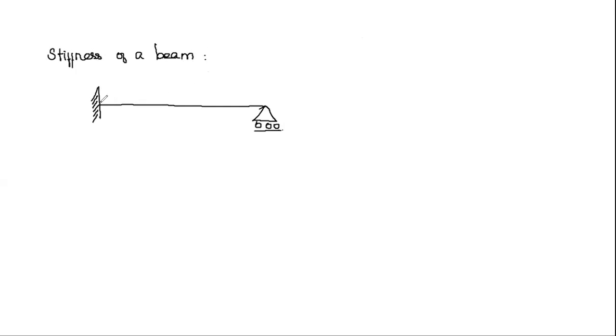What will be the deflected shape? As it is fixed at the end, there won't be any theta here. So the deflected shape will be like this. Here it is theta. This is end A and this is end B.